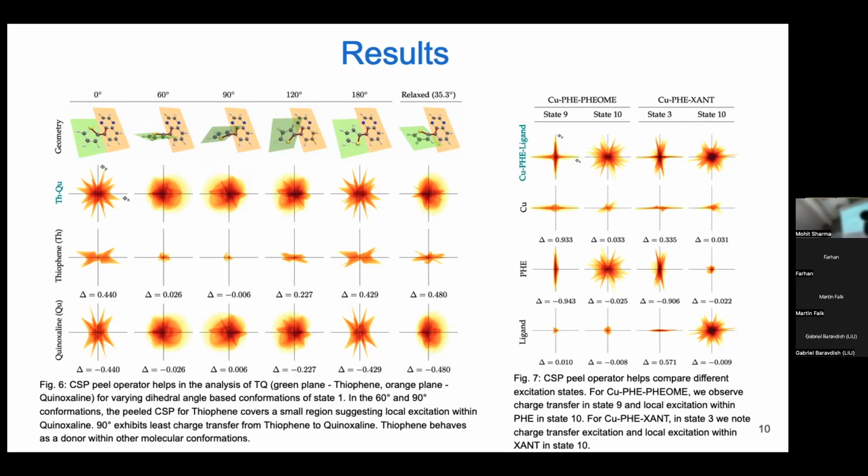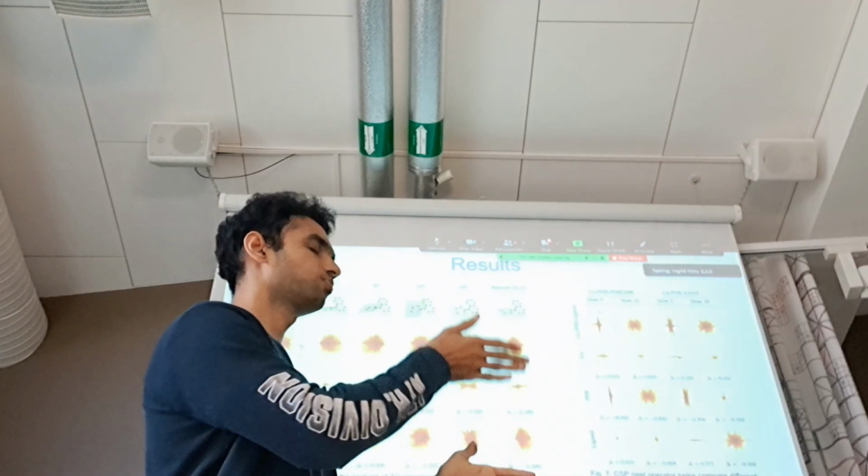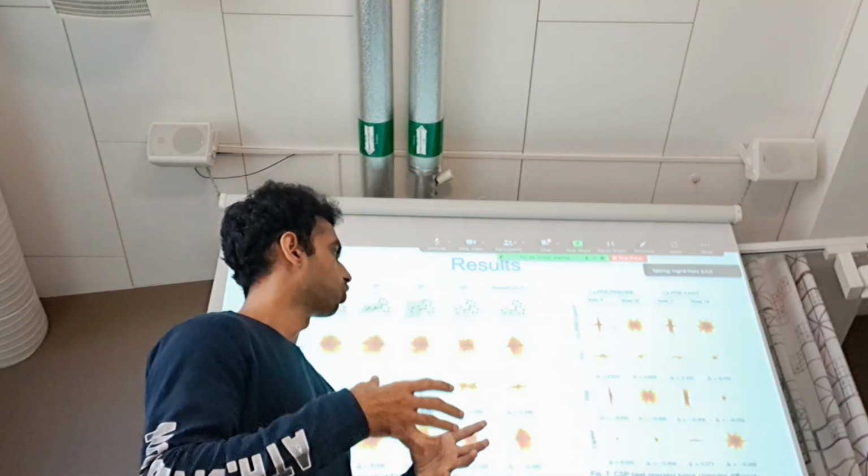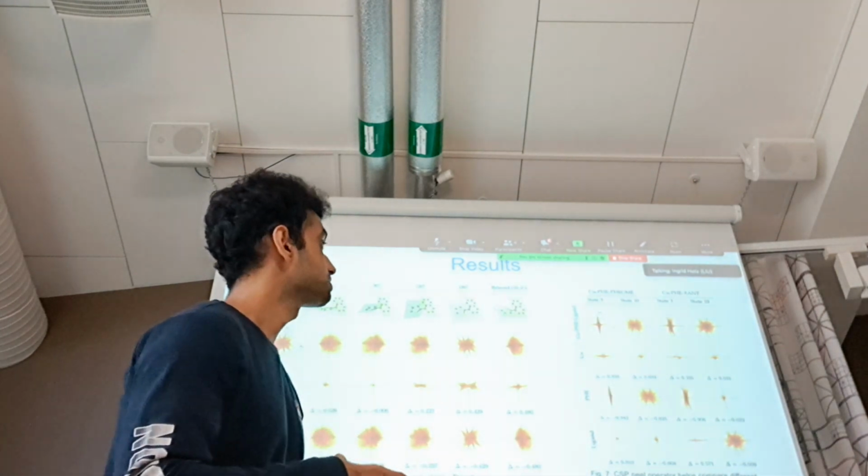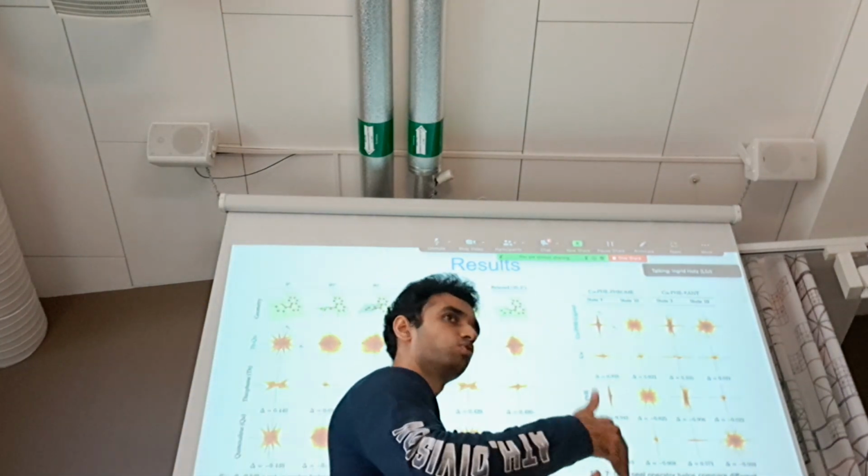Here we have two copper complexes, Cu-Phen and Cu-Phen-Zen. For both of these we have two states. We wanted to identify in which state charge transfer is happening, that is, charge is being transferred from one subgroup to another, and in which one local excitation is happening, that is, charge is being transferred from that subgroup to itself.